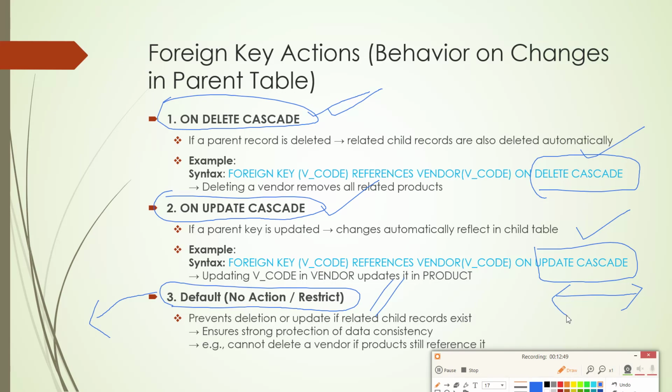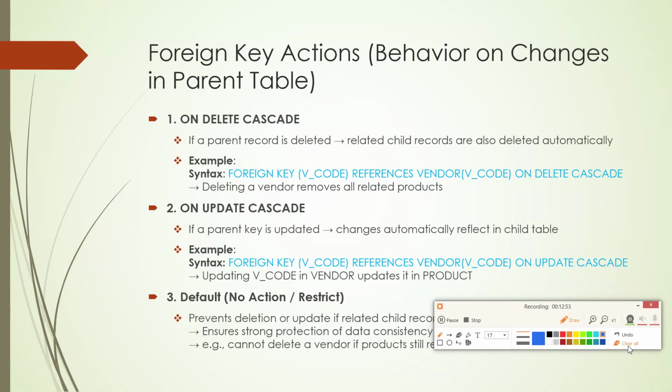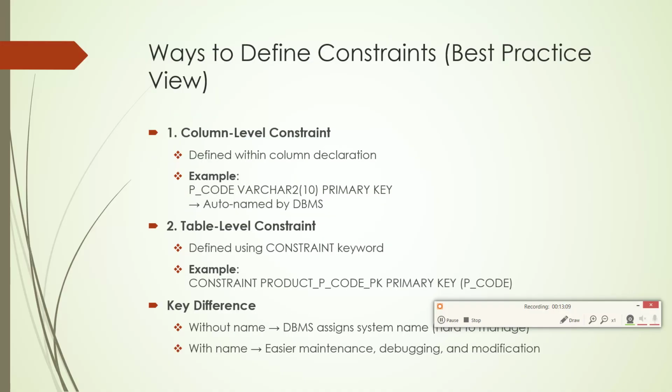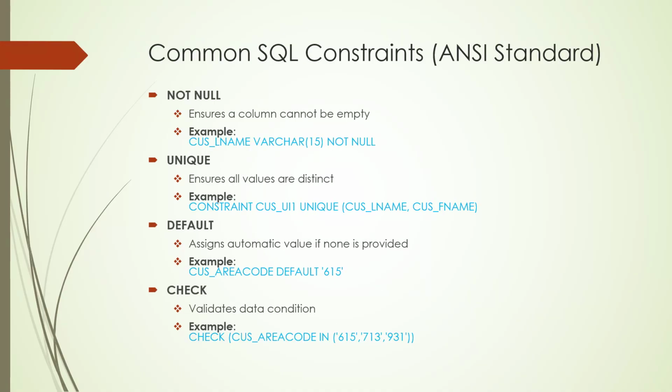And the last thing is that apart from the integrity constraints, primary key and foreign key, other constraints are also available. For example, not null, which means the value for this attribute is mandatory.